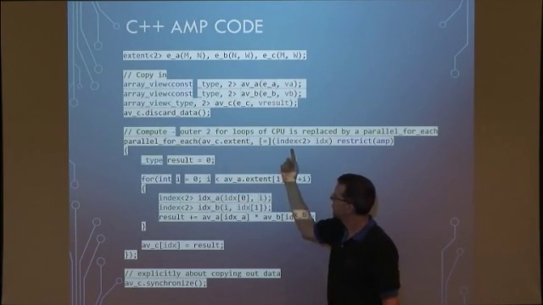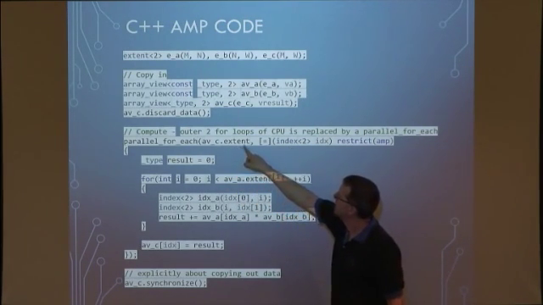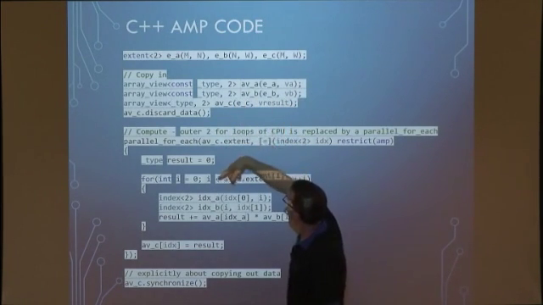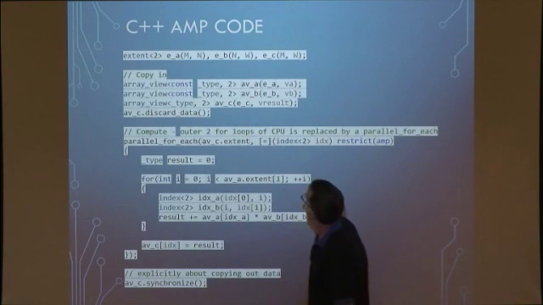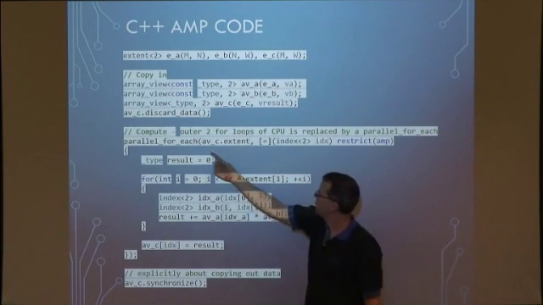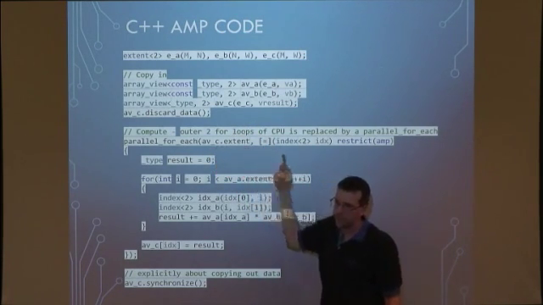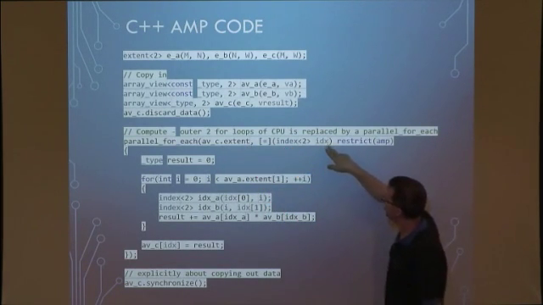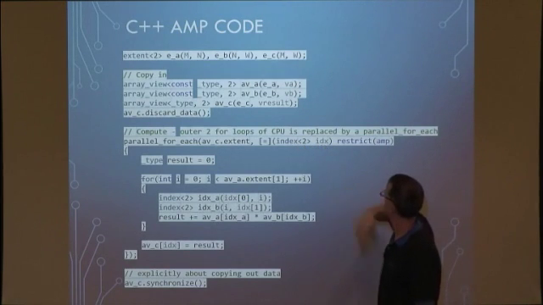Parallel for each. Since we have an extent object here, this ABC, which is, where is it? Array view C, there it is. So that's the result. It says, hey, I want to go over all the extents of my result array. And I'm passing you in a two-dimensional index called IDX.